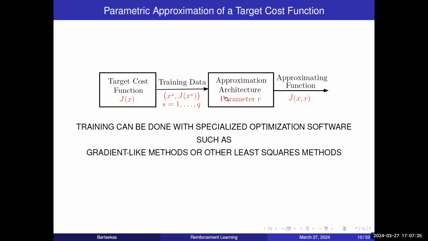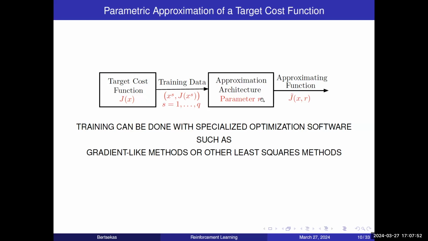And we design this approximation architecture. Once this architecture is fixed, we would like to find the parameter R such that the function defined by this architecture and this parameter is close enough to the target function that we would like to approximate.